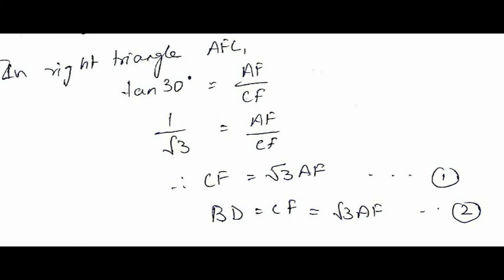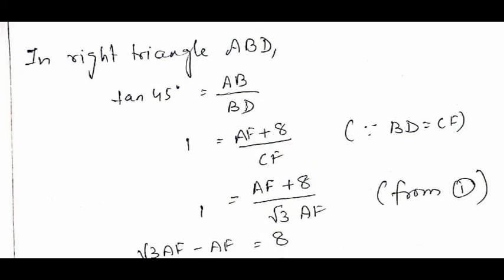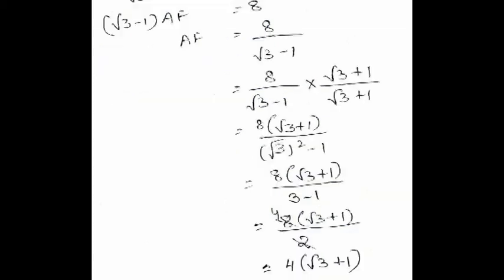Consider right triangle AFC, tan 30 is equal to AF by CF. Substitute the values. In right triangle ABD, tan 45 is equal to AB by BD. Substitute the values. You get AF is equal to 4 bracket root 3 plus 1.